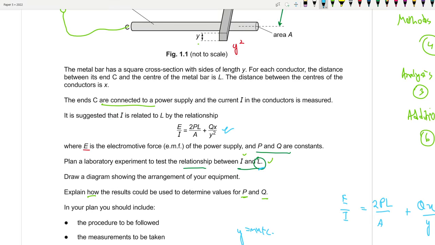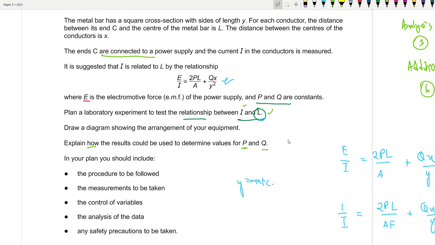So 1 by I is equal to 2PL divided by AE plus QX by Y square. What next? We need to ensure that L is kept separately. So 1 by I is equal to 2P divided by AE, into L, plus QX by Y square. Okay, we have a relationship: y is equal to mx plus c.